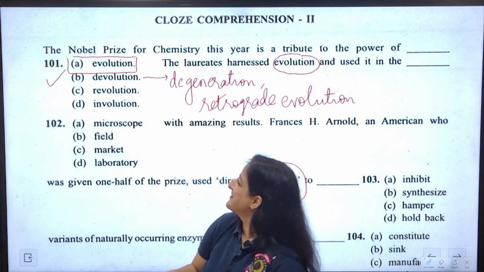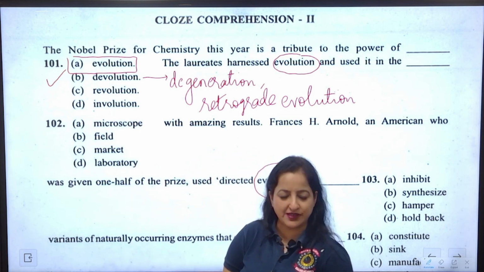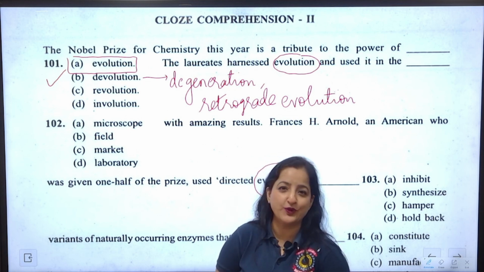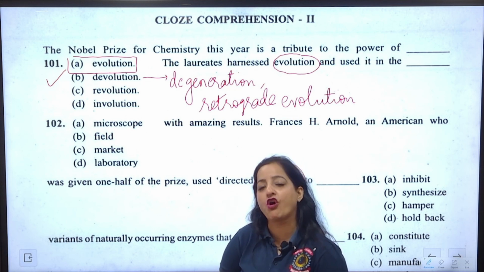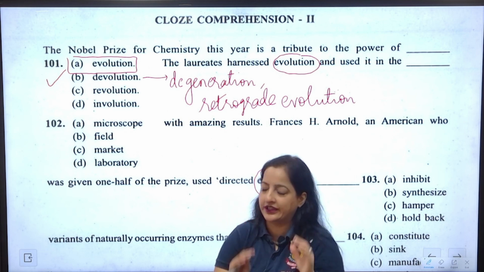Yes. Okay. Revolution is the passage talking about some revolution. कोई क्रांति की बात हो रही है इधर? No, not at all. It doesn't have a historical concept. It has a scientific context over here.